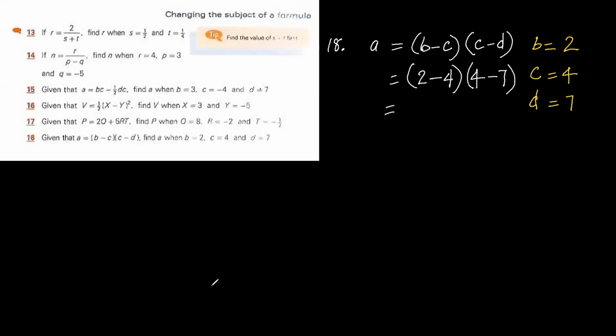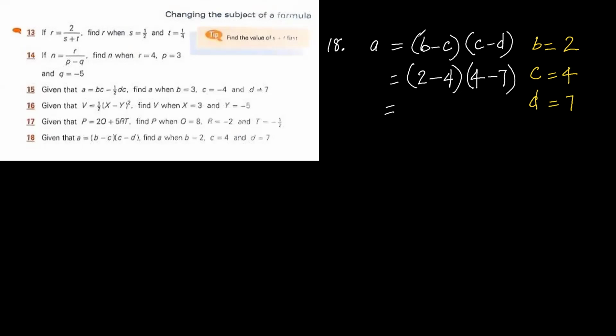Where's Kyla? Sir, the working should be 2 minus 4, right, sir? I just want to make sure. It's 2 minus 4, because B is 2 and minus 4, which is C. All right, so let me show you that.